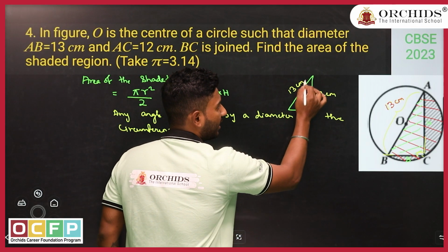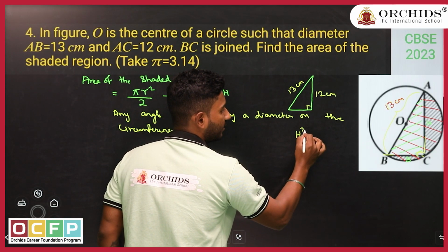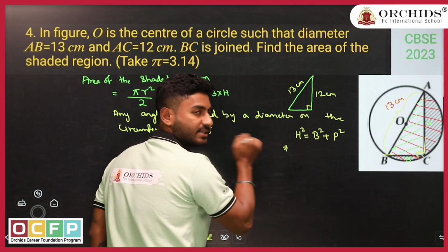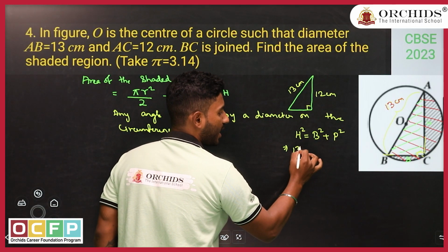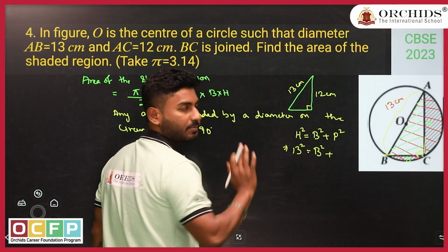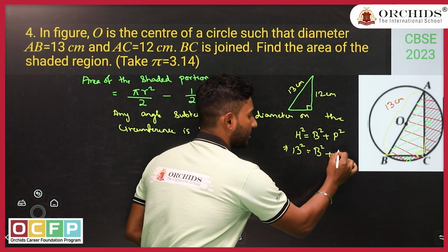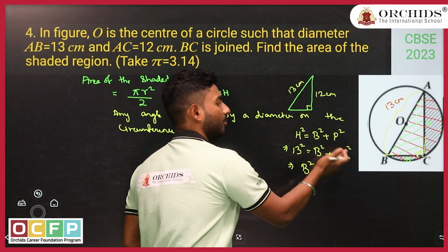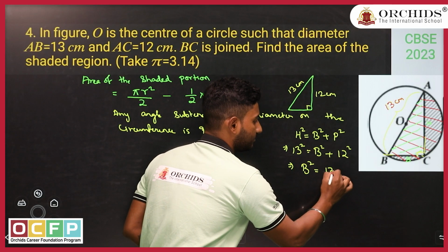Fine. So here the hypotenuse is given. We have to find out the base part. What is the hypotenuse? 13. 13 square equal to, what is the base? I don't know. What is the perpendicular? 12 square. Fine. So what is b square? Bring 12 square to the other side.